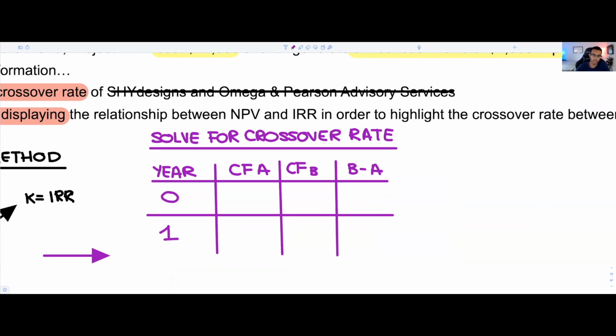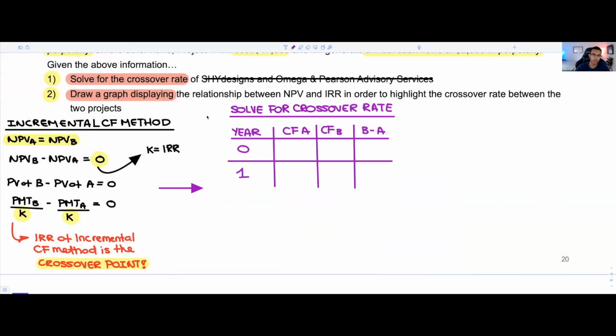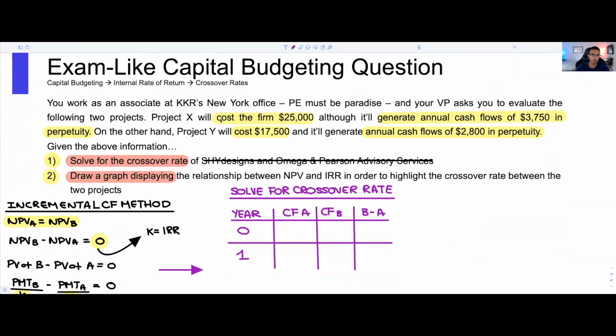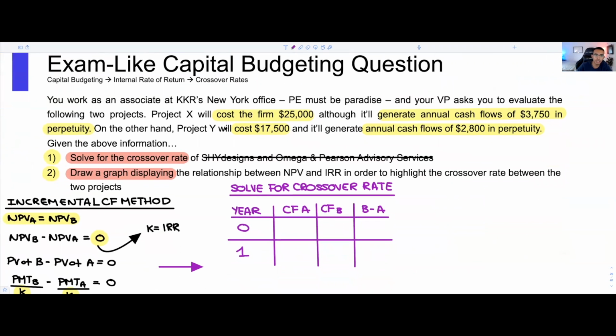I'll zoom out a little so we can highlight our information again. We have project X and project Y. Just to make it easier, we're going to call project X project A and project Y project B, so it's simple to remember.